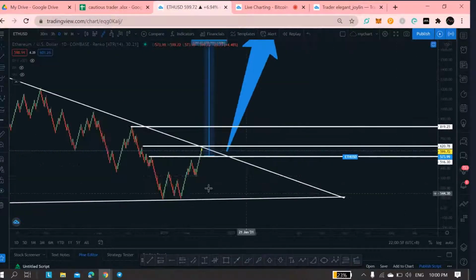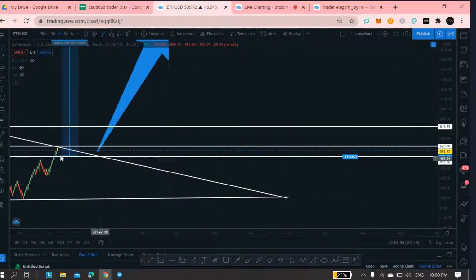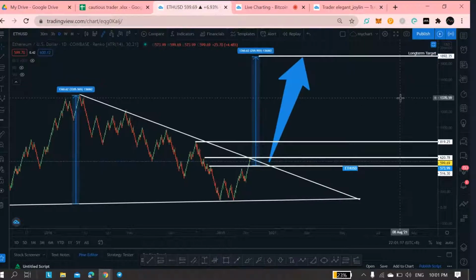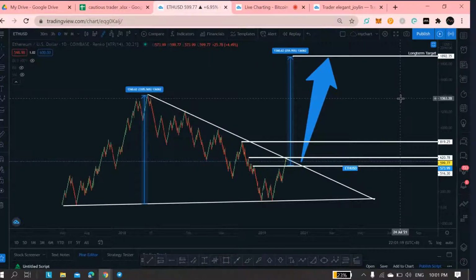Wait, let me just check it. This one, which is 540 area. So I plan to post a long position there and around this area, which is around 516 or maybe 520. So there, I'll just wait in there. Or if there's a dump, I will also add more.